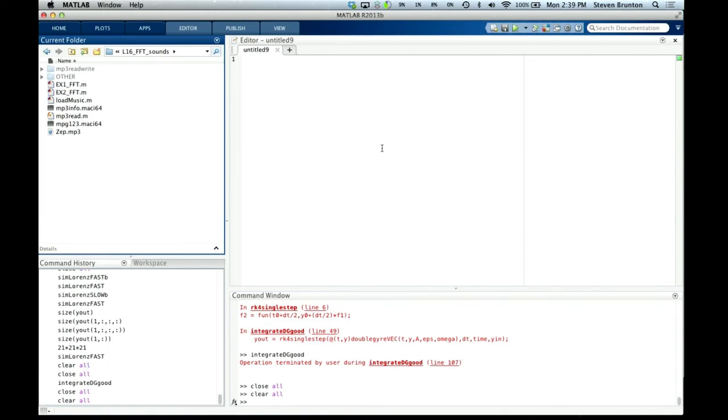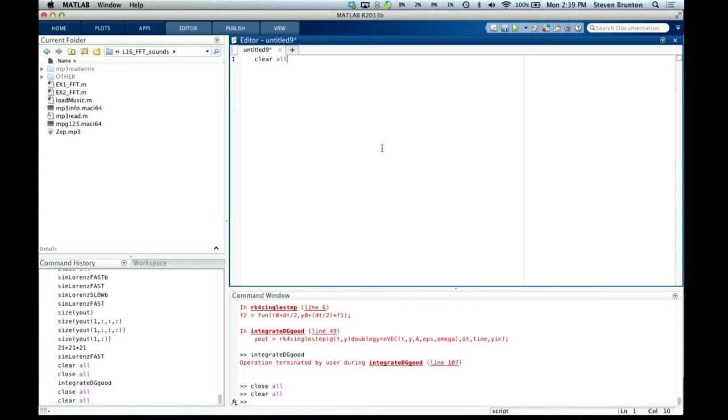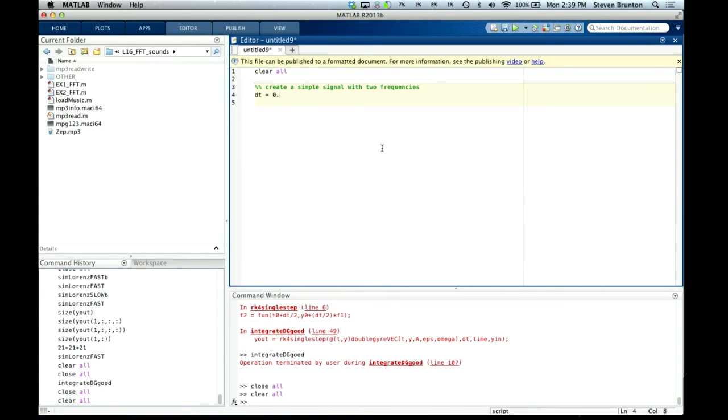Here I'm going to clear all of my memory, and create a simple signal with two frequencies. This is called the sum of sines example because I'm going to add two sine waves. I'm going to make a really small dt, 0.001, t equals 0 to dt to 1.